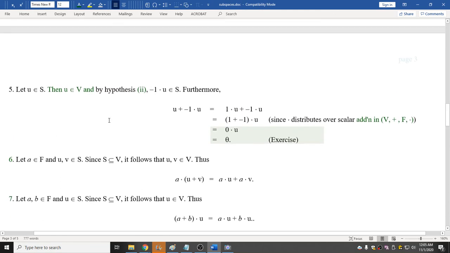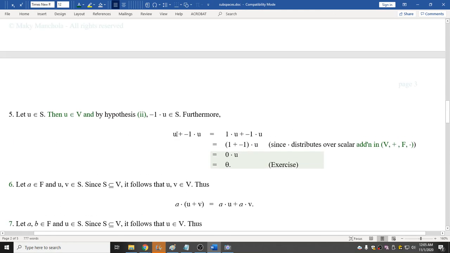In checking the property that if U belongs to S, then the additive inverse is contained, we have to use the fact that when you take the scalar product of 0 and U, you get theta. That will require a verification that is being left as an exercise for the audience.